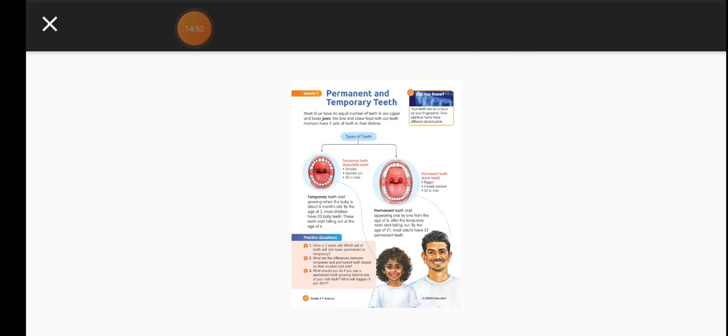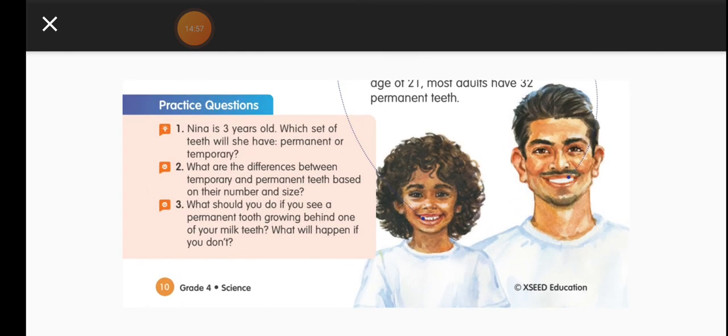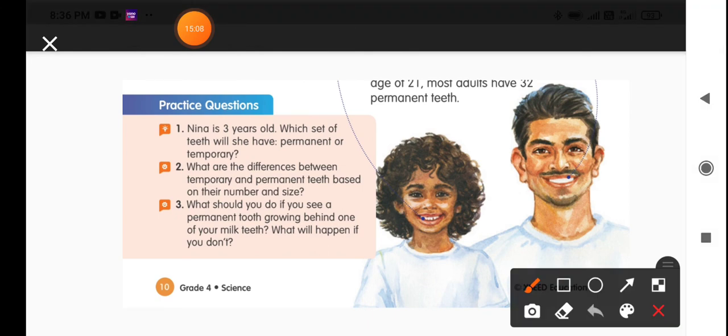Here you can see the questions given in the textbook. Naina is 3 years old. Which set of teeth will she have, permanent or temporary teeth? You know very well, children will have only temporary teeth. So beside the question, space is given, you can write your answer there.